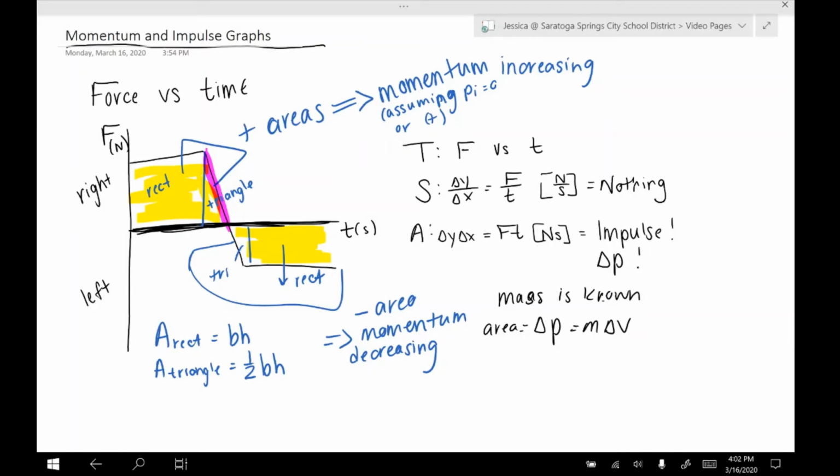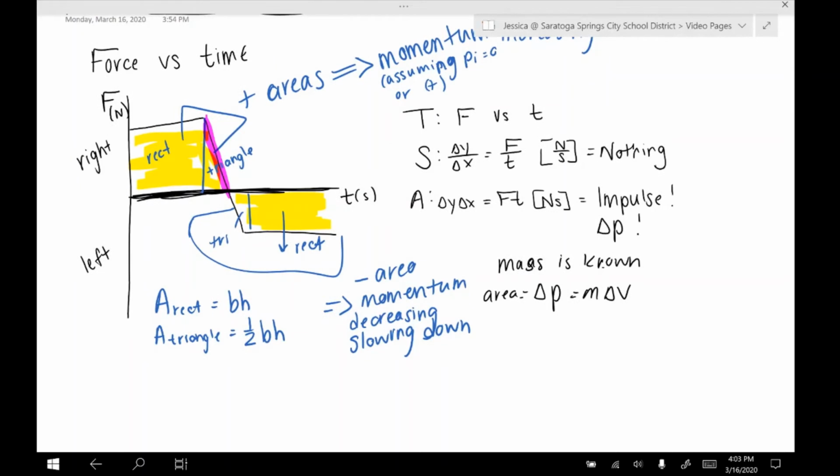One thing I forgot to say is where our momentum is decreasing, that is likely where we are slowing down. And if that area is large enough in the negative direction, we might actually change directions. We might have a large enough impulse to change our direction.